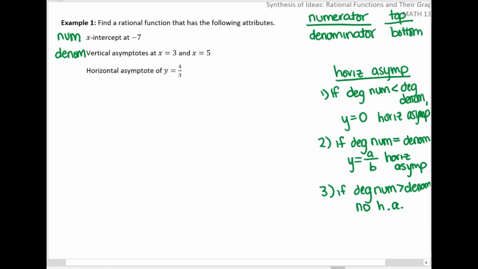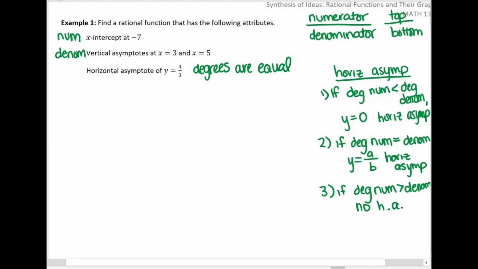So the fact that we have a horizontal asymptote of y equal to 4/3, and it's not equal to 0, we know that our degrees are equal. So the degree of the top is equal to the degree of the bottom because we have a horizontal asymptote that's not 0. So let's go back up to the top.